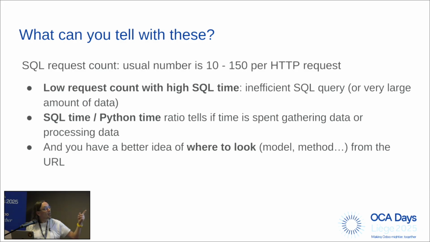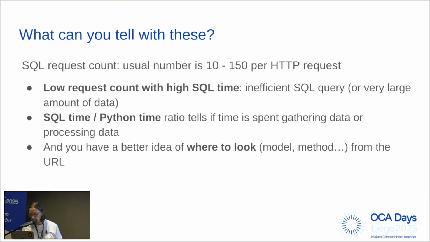If you have a low ratio of SQL time over Python time, it means you are spending a lot of time processing the data or sending it to a remote server and you have other network latency in there. If you have a high ratio, it means that you are spending more time fetching the data than processing it. So this also gives you a hint about where the performance is lost.